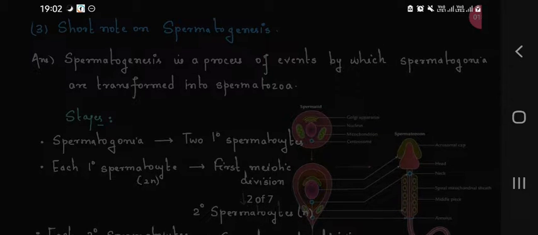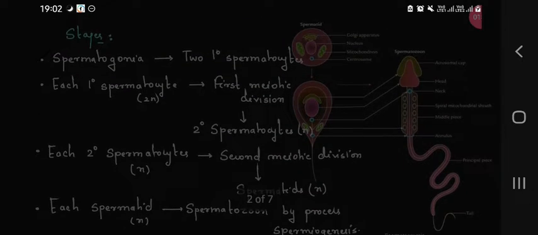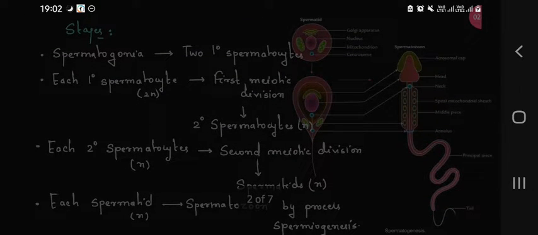Short note on spermatogenesis. Spermatogenesis is a process by which spermatogonia are transformed into spermatozoa. Stages: spermatogonia, primary spermatocytes; each primary spermatocyte undergoes first meiotic division, then secondary spermatocytes; each secondary spermatocyte is converted into spermatids by second meiotic division.